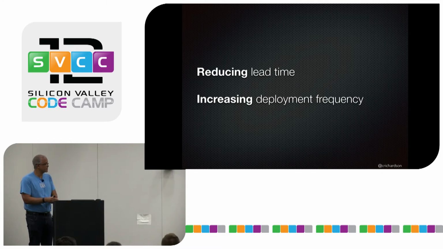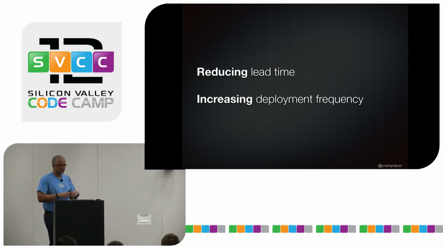Reducing lead time, which is the time from when a developer commits their changes to those changes being deployed in production. Today we're shifting from delivering packaged software to building SaaS applications of some form, right? And in that context, you want to minimize the lead time from a commit to that change being in production, and you want to increase your deployment frequency.